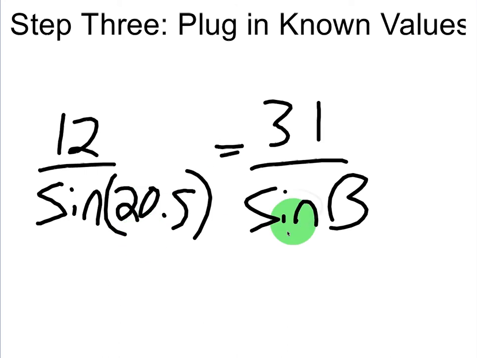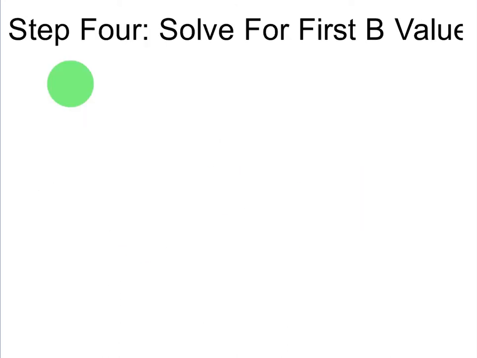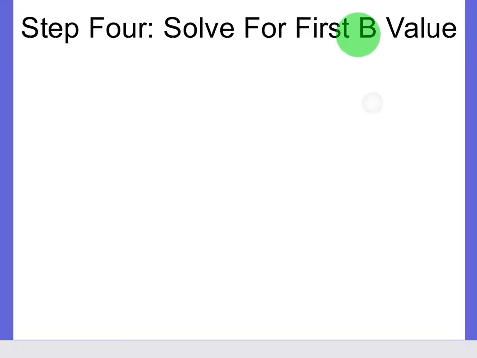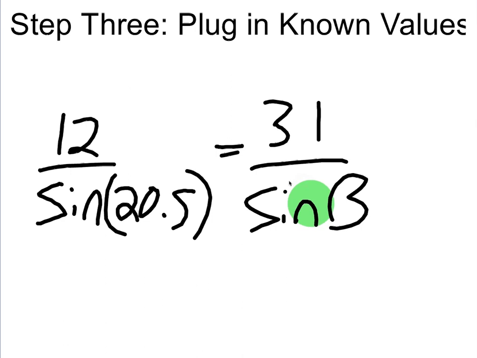Okay, so basically now we need to get B by itself. We are going to cross multiply these. So it's going to be 12 sine of B equals 31 sine of 20.5.